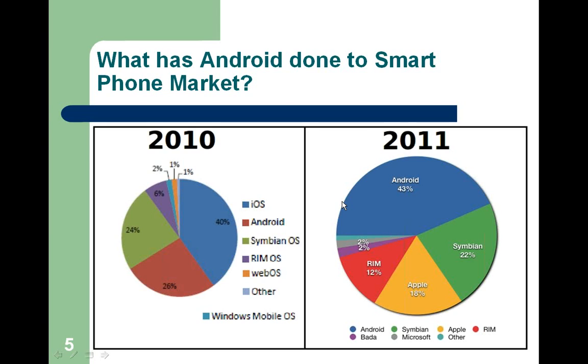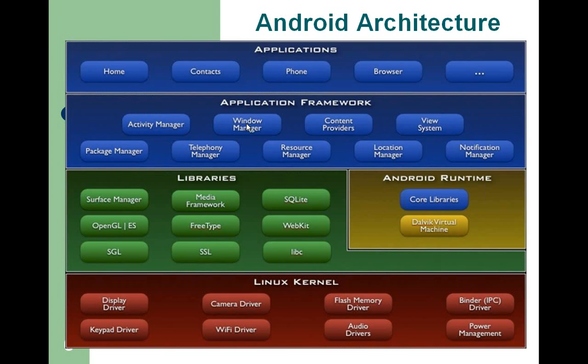Okay, now we understand what Android is and what Android has done in the last couple of years. Now we are going to understand the architecture of Android. This is the architecture of Android.